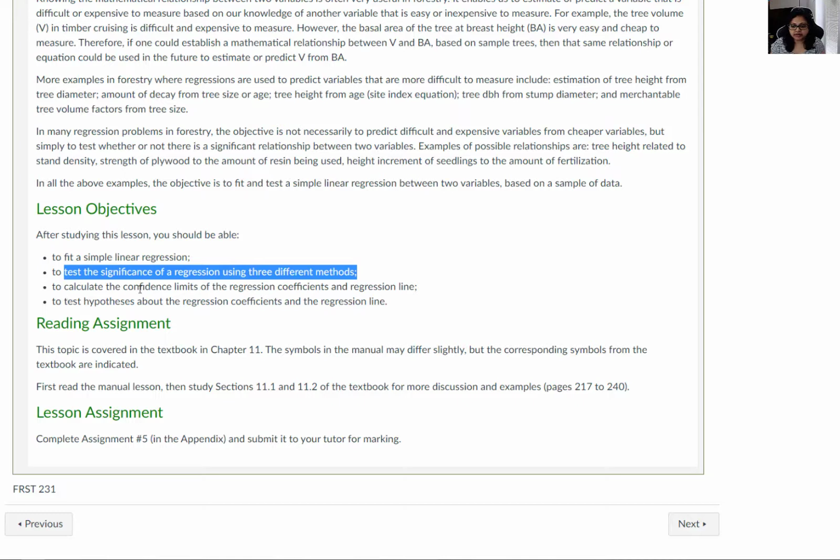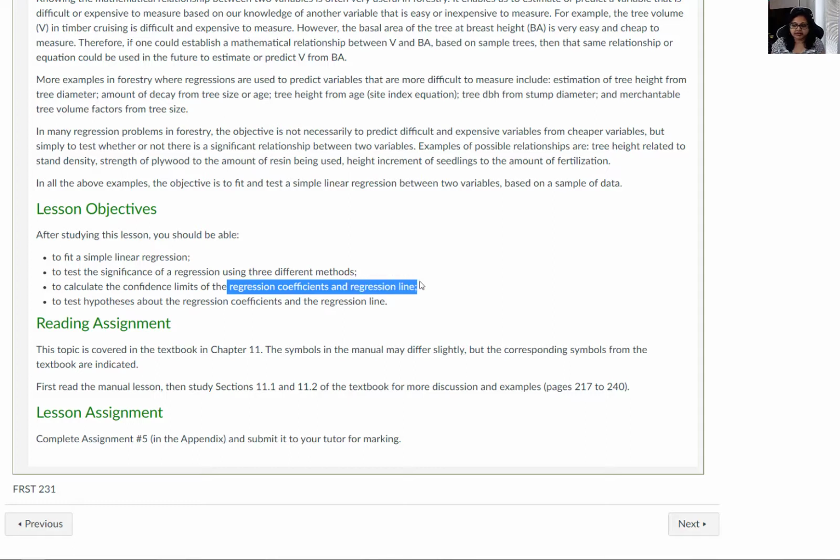And then we will try to calculate the confidence limits of the coefficients and the regression line for both. So we'll try to see what the limits are, the upper limit and lower limit. I will show you some examples so that it might be helpful for you.